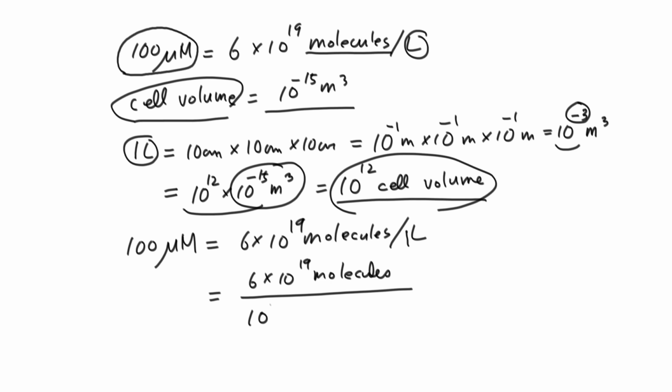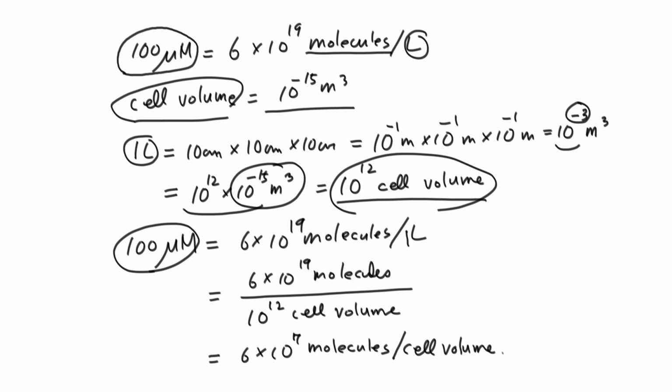So we have 10 to the power of 12 cell volume. This is equal to 6 times 10 to the power of 7 molecules per cell volume. So if you say the protein concentration is 100 micromolar, it means that there are 60 million protein molecules within the cell.